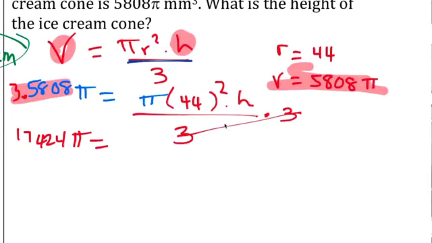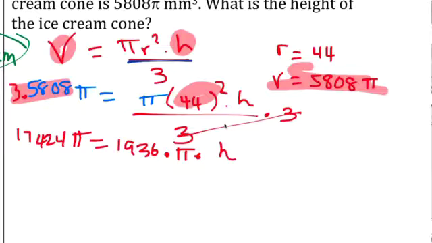Okay, I'm going to do 44 times 44, which is 1,936 times pi times height, right?